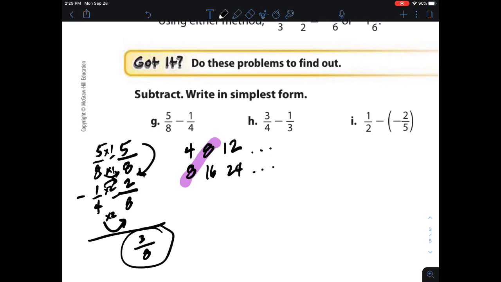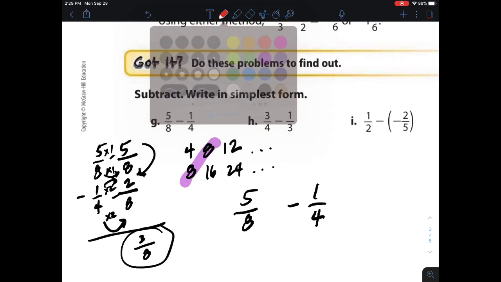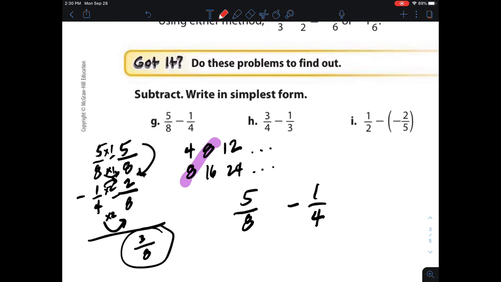Let's use the shortcut method, which I just taught you. So I have 5/8 minus 1/4. I multiply both of them with each other's denominator. So I multiply this by 4/4, and I multiply this by 8/8. Now, if you also notice, 4/4 is equal to 1. 8/8 is equal to 1.